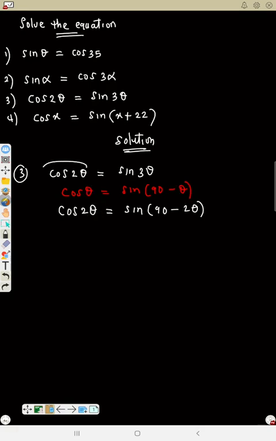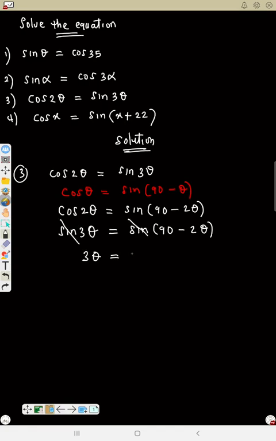So now if cos 2 theta is sine 3 theta, instead of writing cos 2 theta here, I'll write sine 3 theta. So sine 3 theta equals sine 90 minus 2 theta. Sine will cancel out.